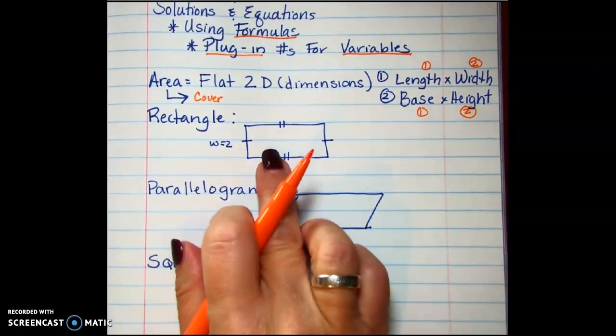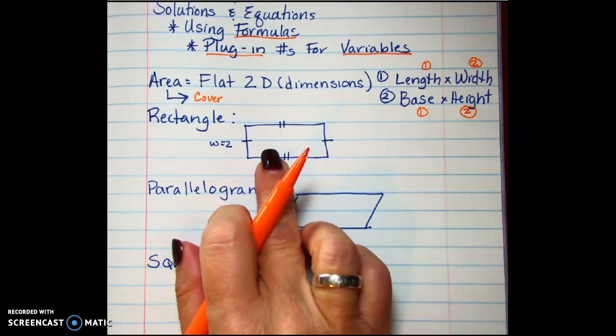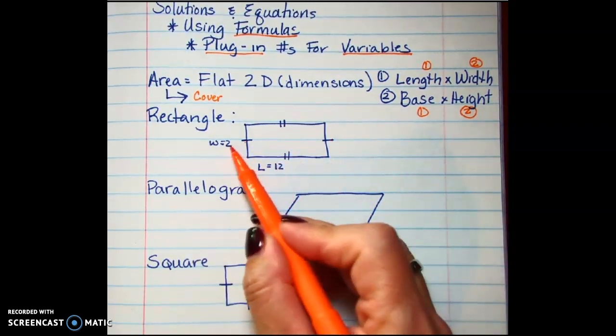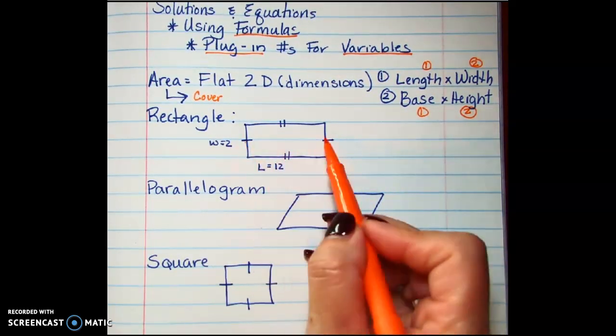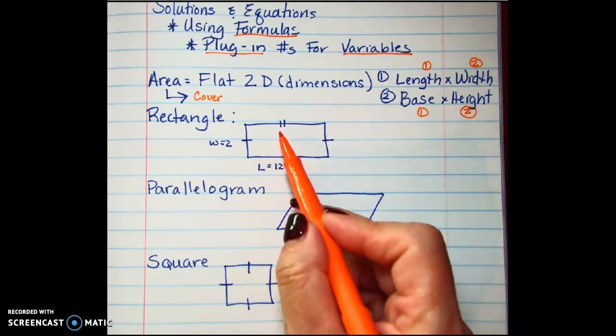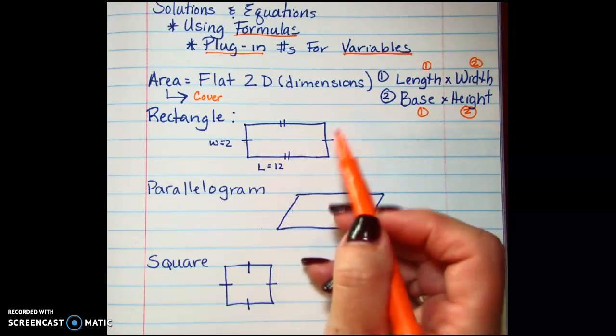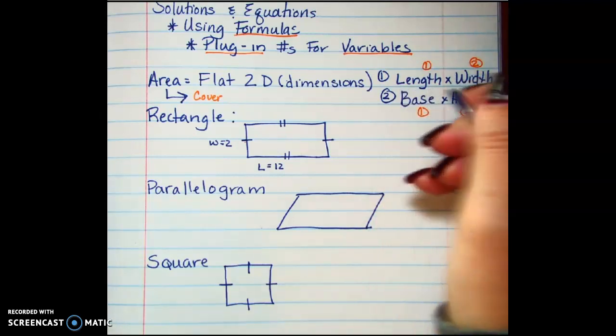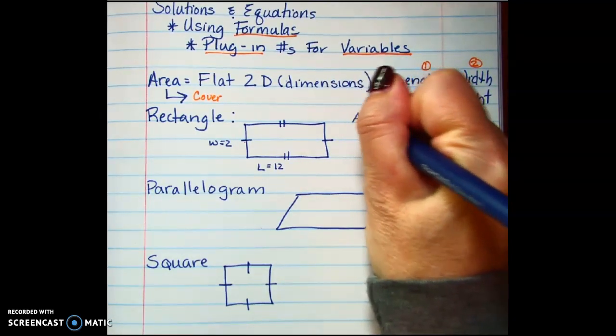Now let's take a look at this rectangle. So this rectangle has the width of 2. So if it's 2 on this side, it's going to be 2 on this side, and a length of 12. 12 on this side and 12 on that side. So we're going to go ahead and actually write down our formula.